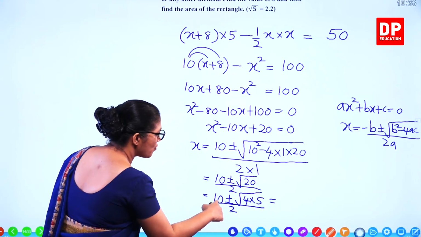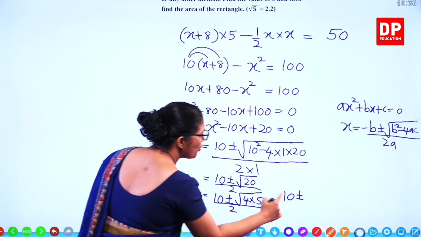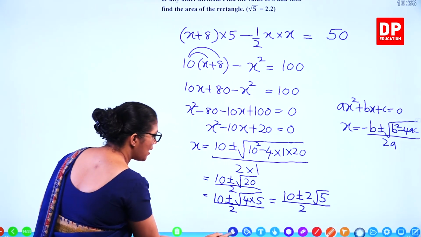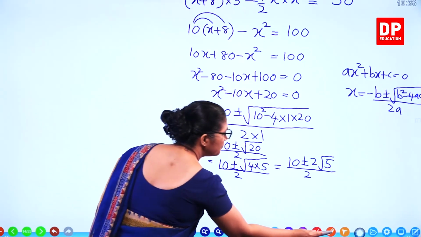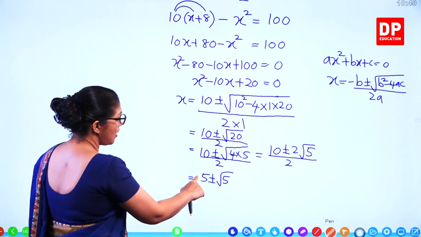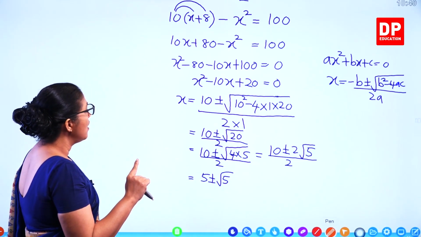When you take square root, you get 10 plus or minus 2 root 5 over 2. Now divide both numbers by 2. Now you get 5 plus or minus root 5.